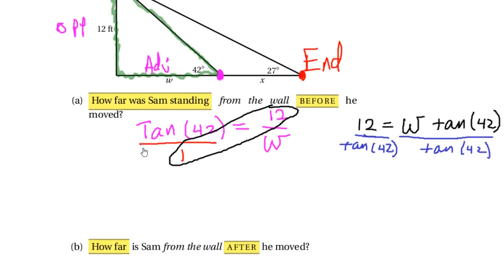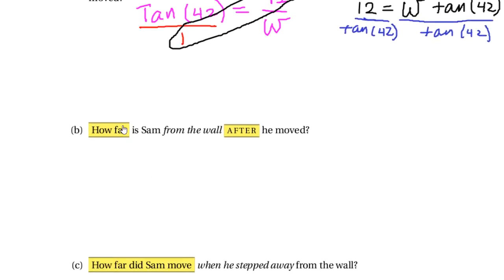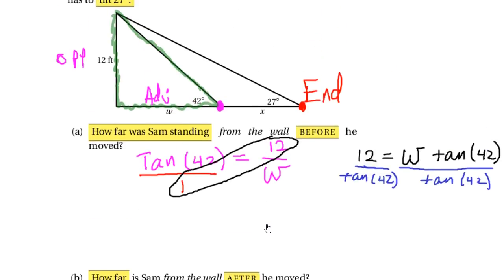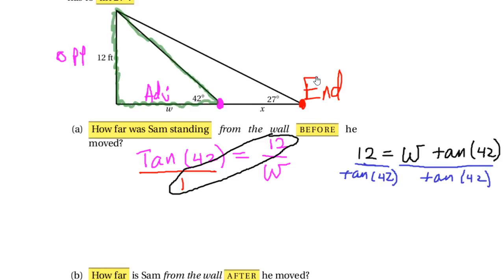Now taking a look at part B here, it says, how far is Sam standing from the wall after he moved? Well, where he was after he moved is right here at the red dot. So if I come back up here, let me erase all of my previous markings here so I don't get them confused.